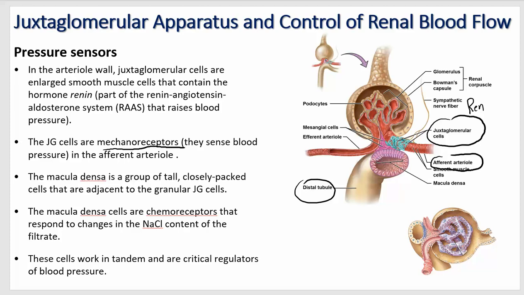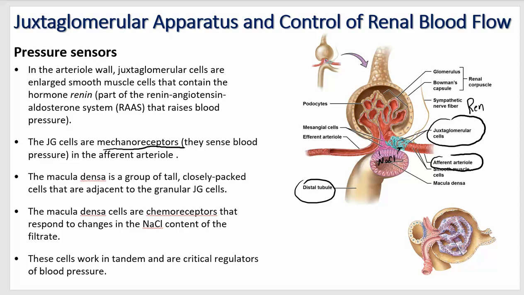And this can determine the concentration of sodium chloride, and it can have an effect on blood flow into the nephron. If you have a lot of salt, then it's saying, okay, things are moving through very, very quickly.